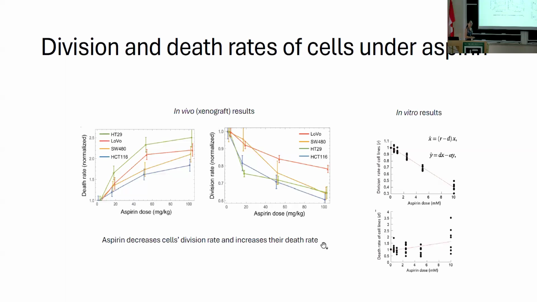So these are mechanistic effects of aspirin that it has directly on the cells. It makes them die more and it makes them divide less. And we were able to characterize by how much, right? You can see what the effect is as a function of aspirin dose. In vitro, same thing.